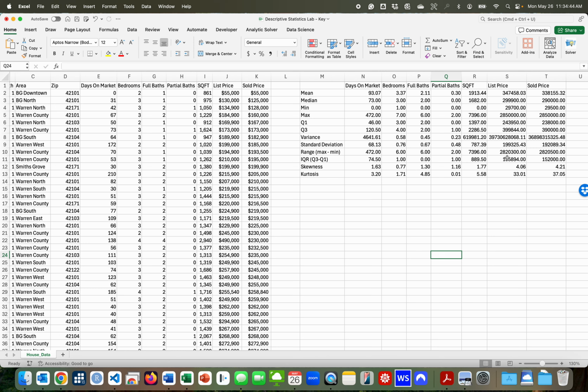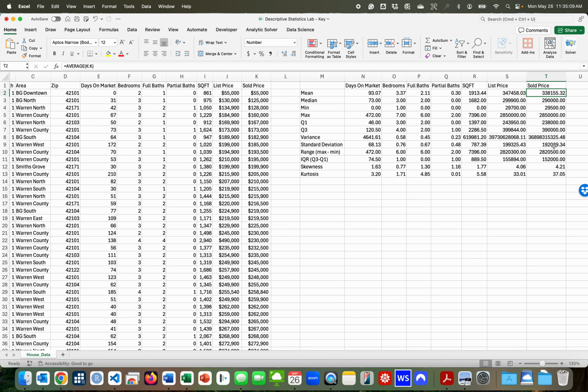Notice these really large values for variance. That's why we don't really interpret that, because those are in squared units, not the units that the variable is measured in. These numbers are much more meaningful. So, for example, the average sales price was $338,155 with a standard deviation of $192,089.